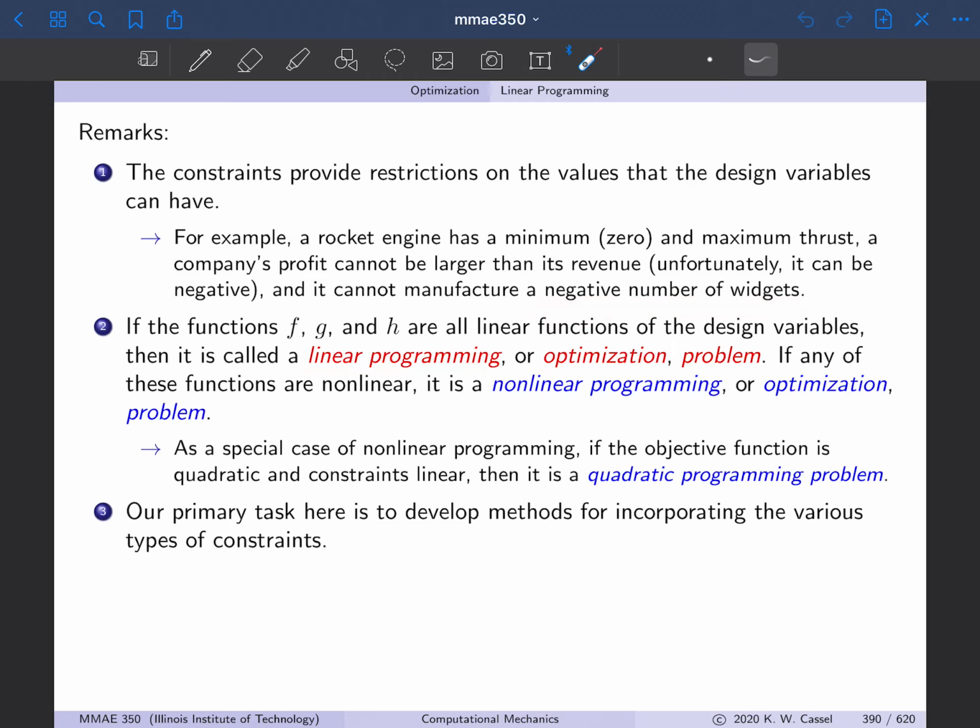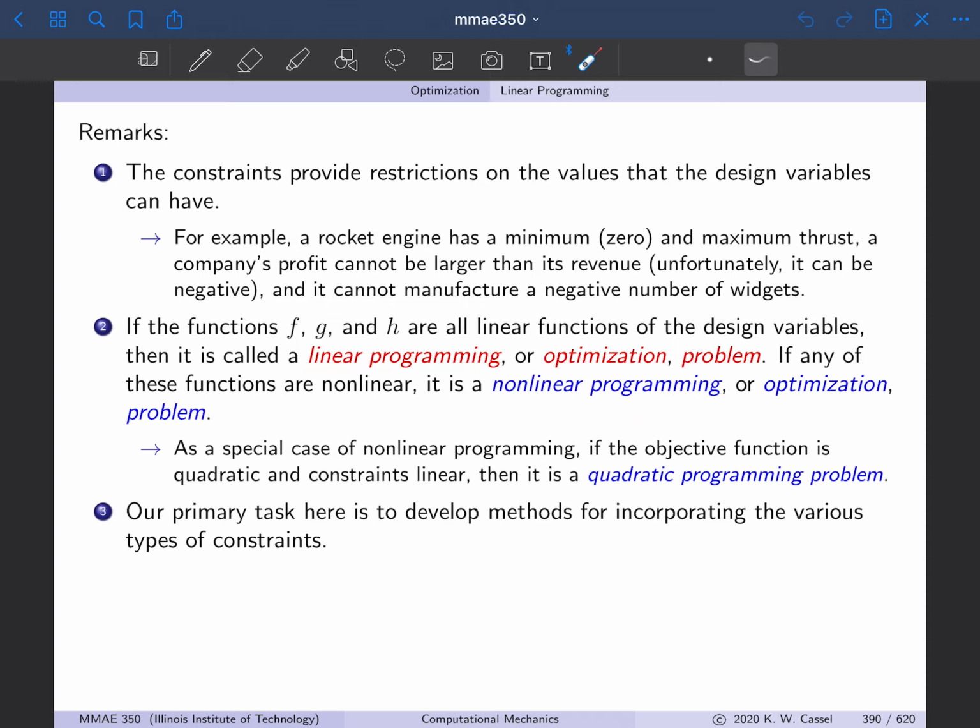Now, if all three of these functions, f, g, and h, are linear, then it's a linear programming problem or a linear optimization problem. If any one of them is nonlinear, then it is a nonlinear programming or nonlinear optimization problem.